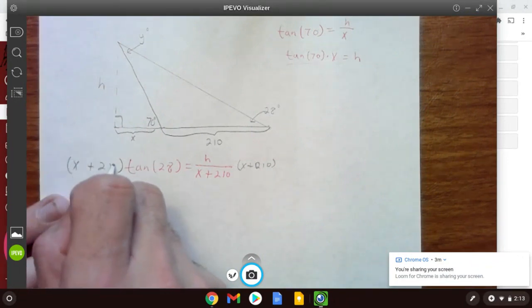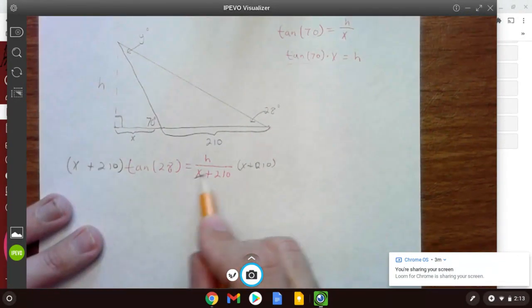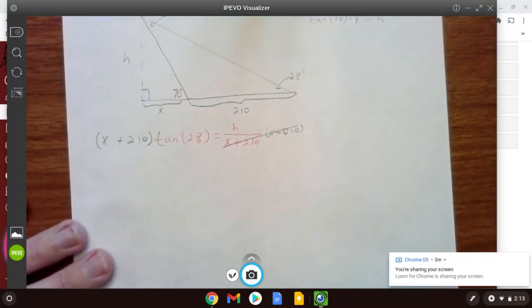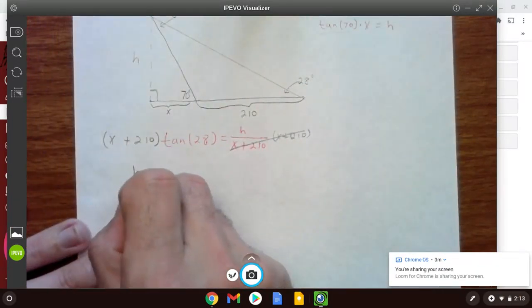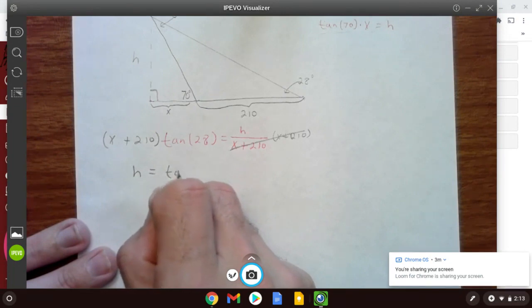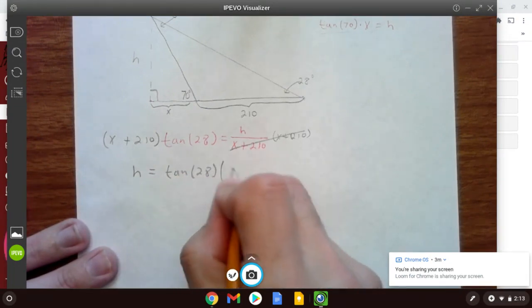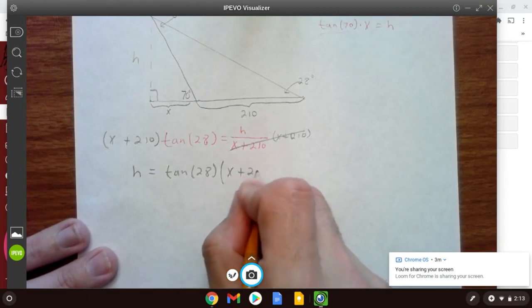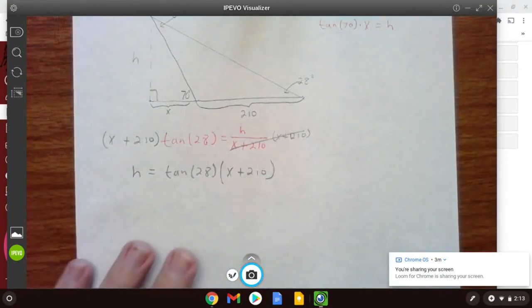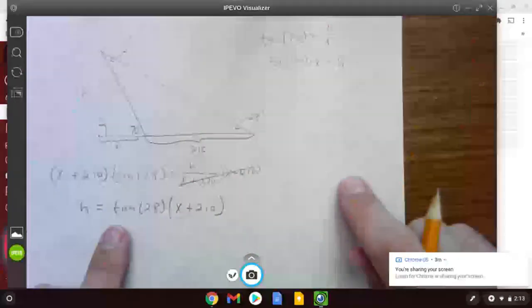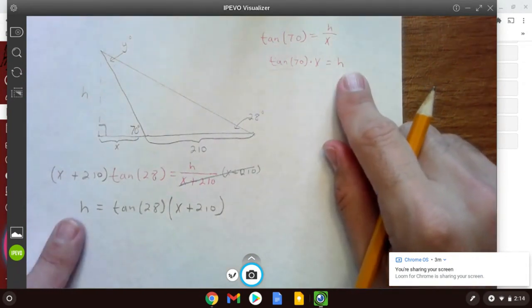So that cancels with that. And so I end up with h equals tan of 28 times x plus 210.